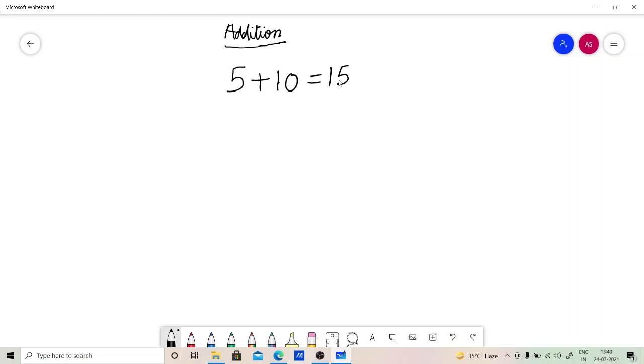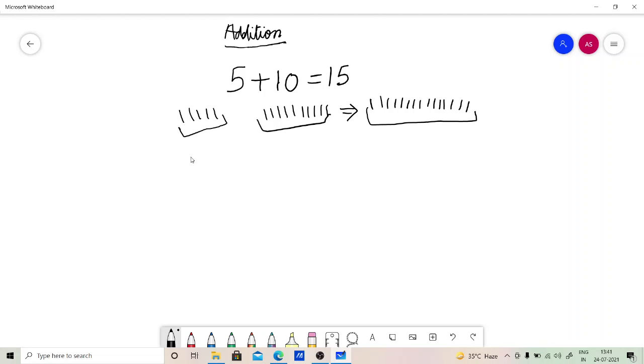Well, I had to know that 5 actually meant this and 10 actually meant this, and so what I have done is that I have taken this and joined with it this, and then placed them together, and this becomes the result.